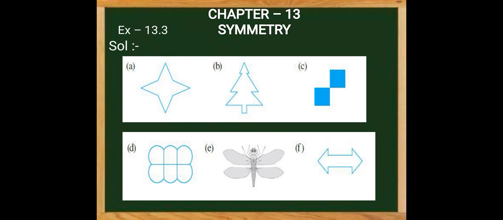The possible lines for figure A are L1, L2, L3, L4. So we'll say there are 4 lines of symmetry for figure A. B part, when we deal with it, will have only one possible line of symmetry.